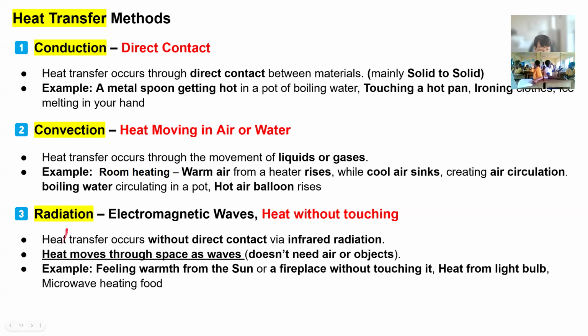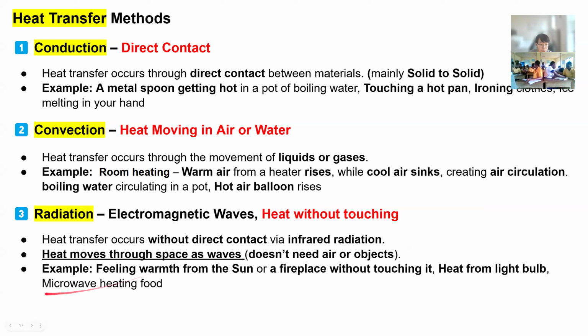Another method by which heat can be transferred is radiation, usually by electromagnetic waves. It's heat transfer basically without touching. For example, it's by infrared radiation. So heat moves through space as waves, and it does not need any air or objects in between to transfer that heat.